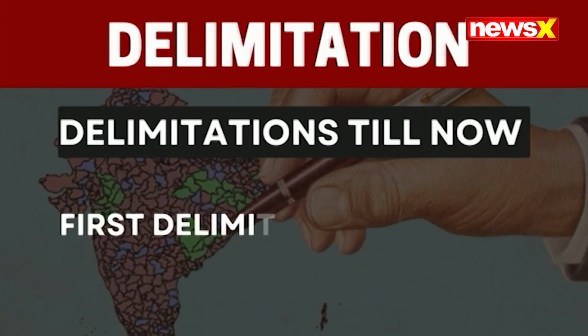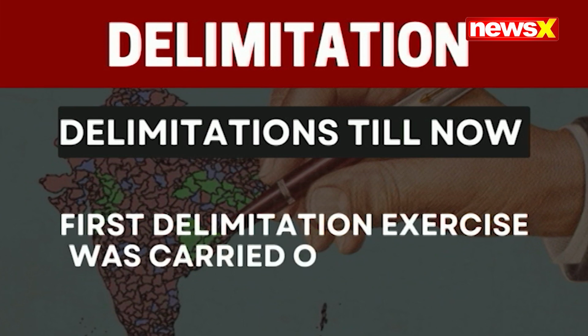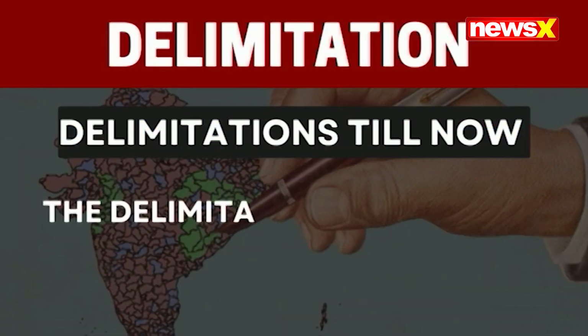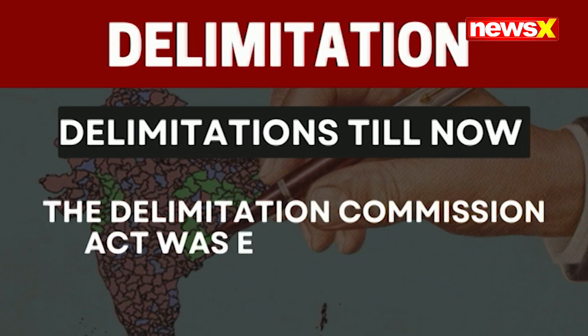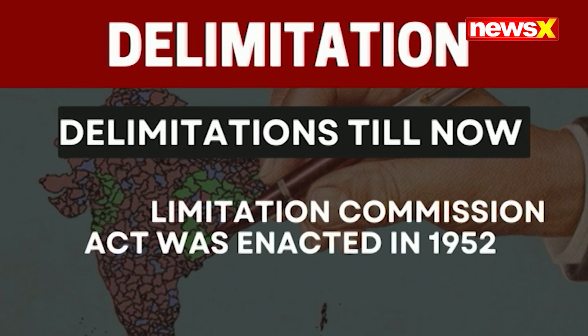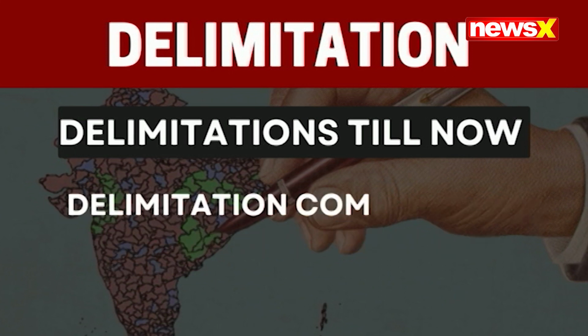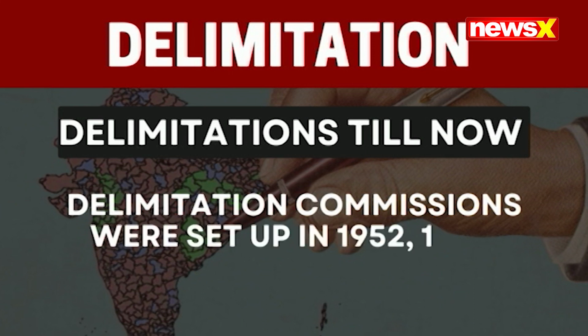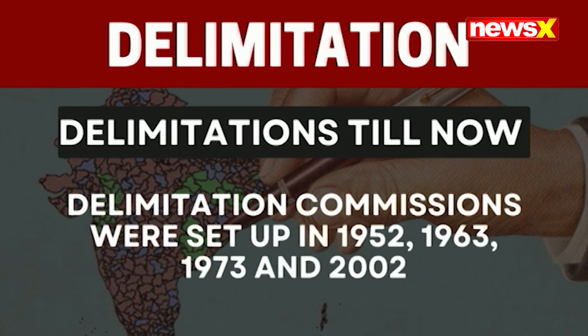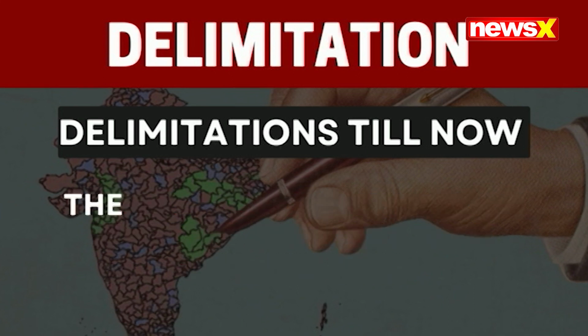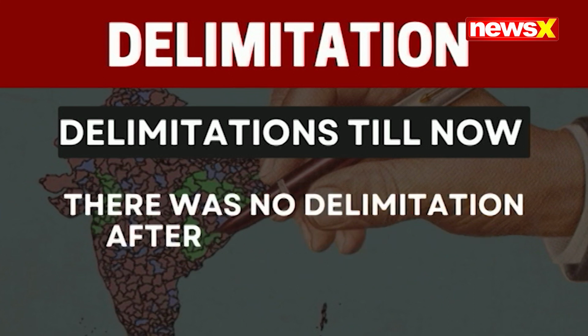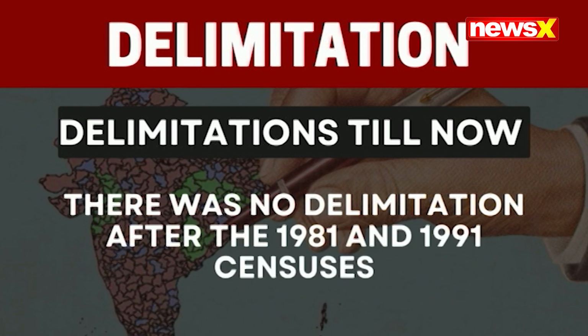Now, the first delimitation exercise was carried out in 1950 and 1951, which is right before the first elections took place in India. The Delimitation Commission Act was enacted in 1952. The delimitation commissions were set up in 1952, in 1963, in 1973 and in 2002. There was, however, no delimitation after the 1981 and 1991 censuses.